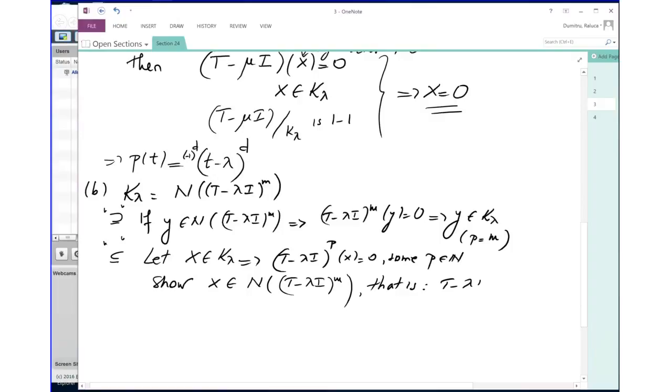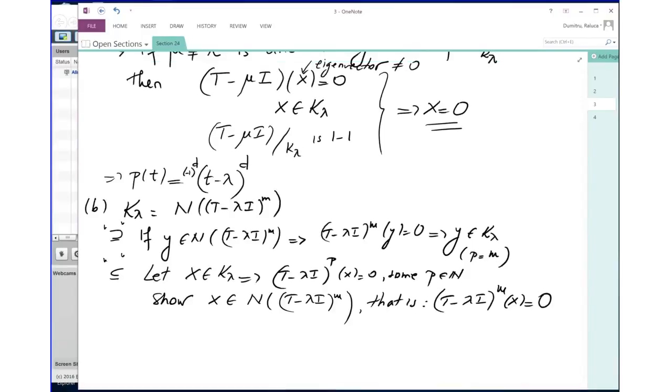That is, we want to show that (T minus lambda identity) when raised to the Mth power and applied to X would give you 0.